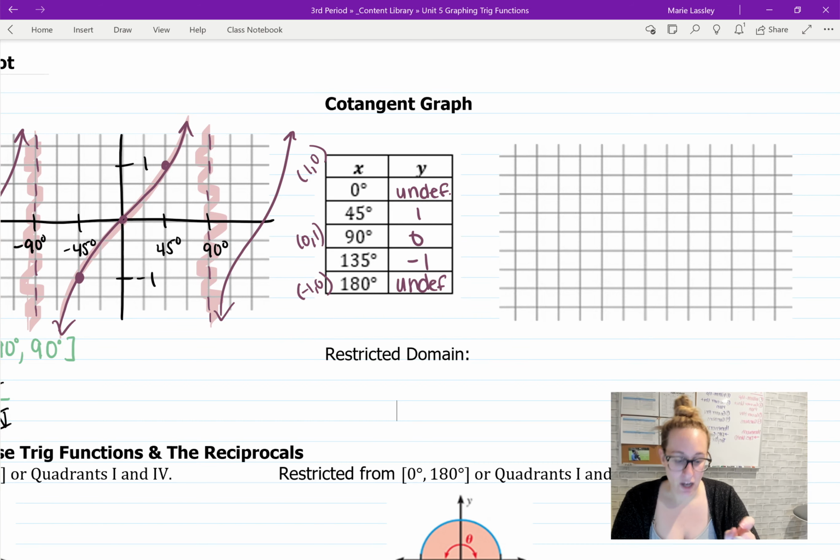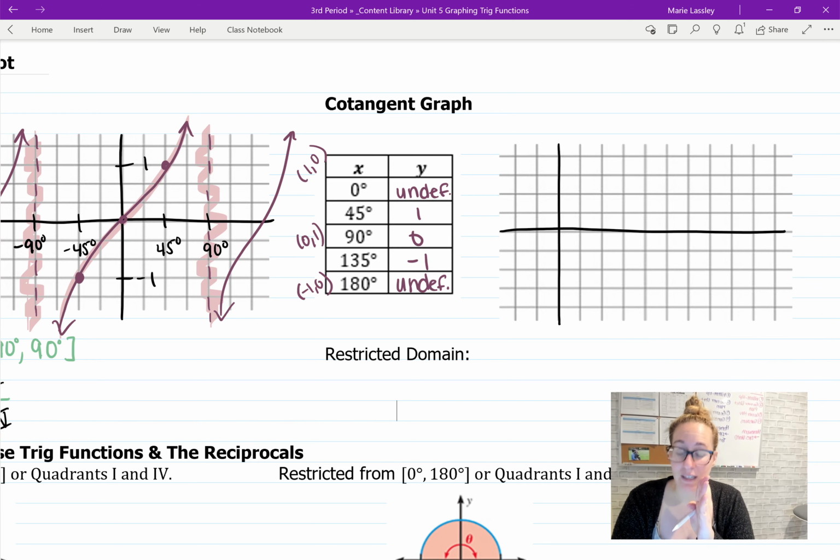As you can tell, we are going to have a little bit different of a graph here, because our first asymptote for cotangent is actually at 0, which would be nice if it was like that for tangent, but it's not, so it is what it is. So we have 0 degrees, and then 1, 2, 3, 4, and then this is 180.